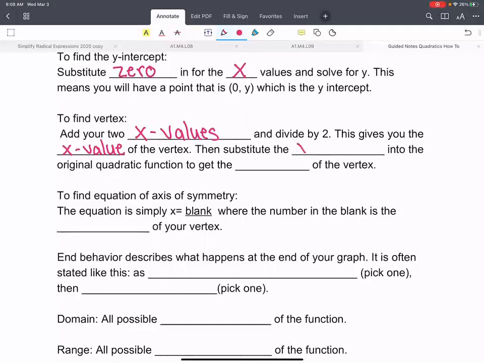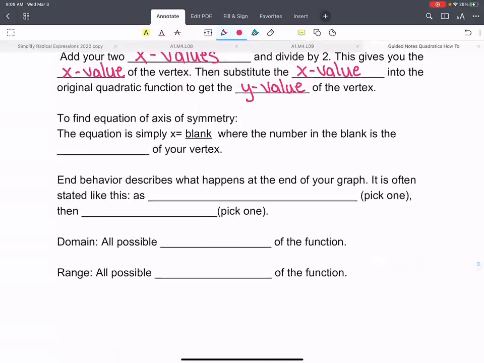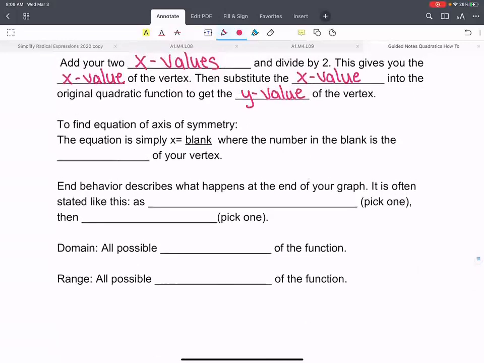Then substitute the x value into the original quadratic function to get the y value. To find the equation of the axis of symmetry, the equation is simply x equals blank, where the number in the blank is the x value of your vertex.